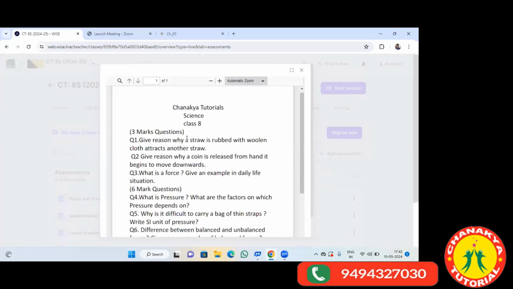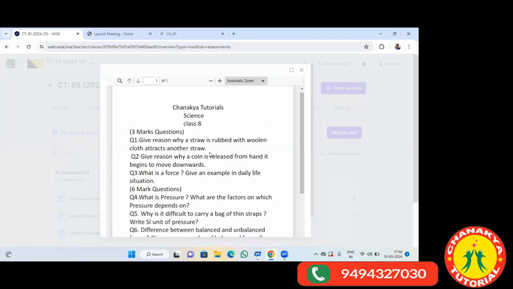This is the question. I have already sent the answer sheets to ma'am. You can ask her, she will be providing them. I have already provided the answer sheets. Okay. So see which question you had doubt in. The first one itself.